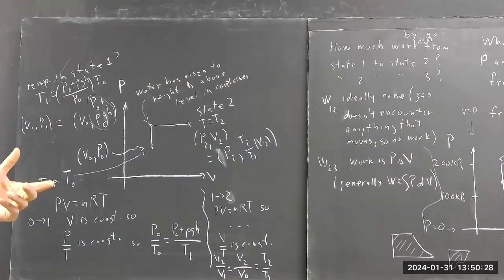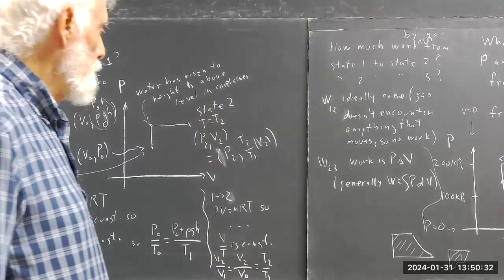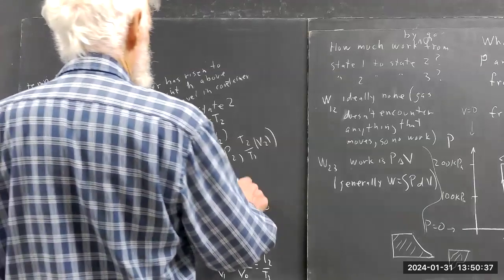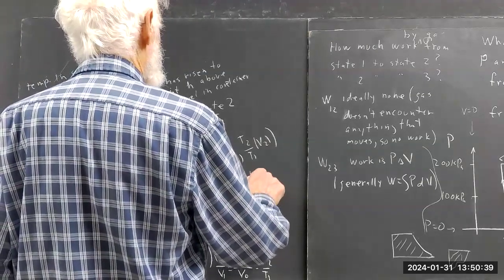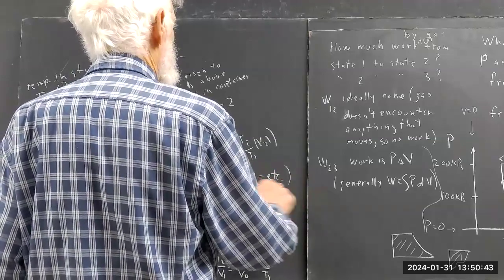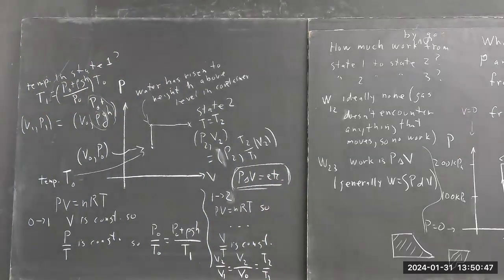Okay. So, you know, T two over T one, and it's T two over T one times V two. So you can figure this out. So you can now figure out P delta V equals whatever, etc. You got the work.